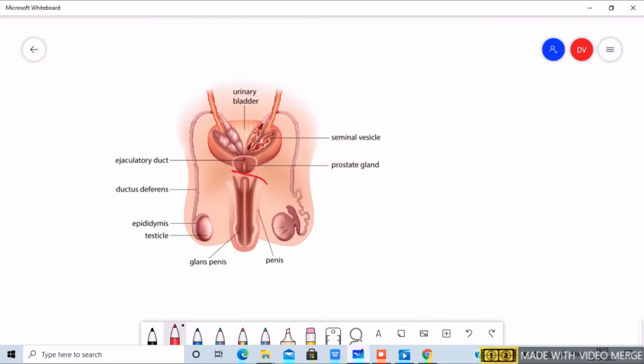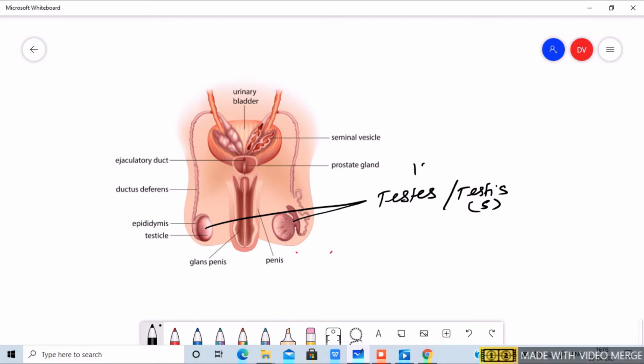As you can see the picture here, hope you guys can see the picture, right? So this is the male reproductive system. You can see the pair of testes here. Testes is the plural form, and testis is the singular form. So you have a pair of testes, which is the primary sex organ.